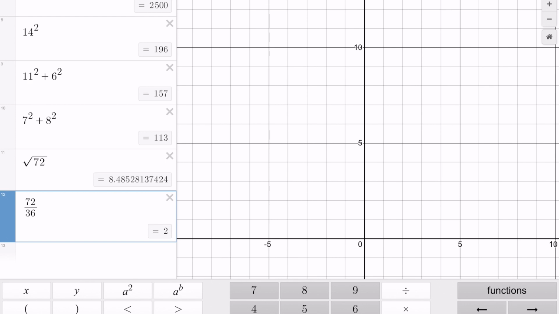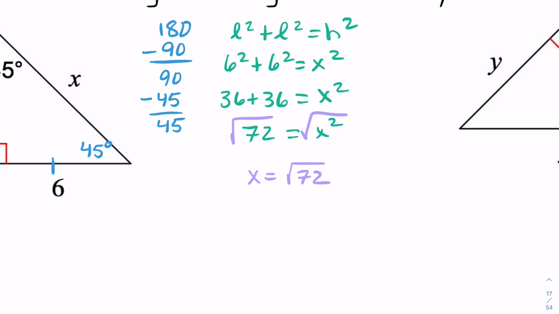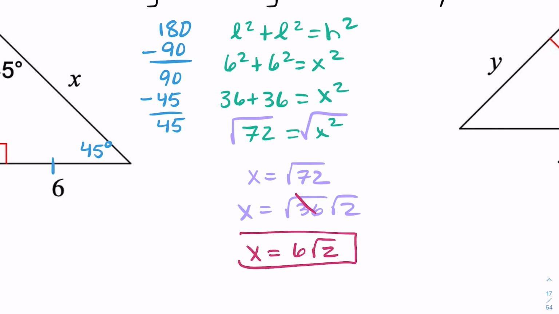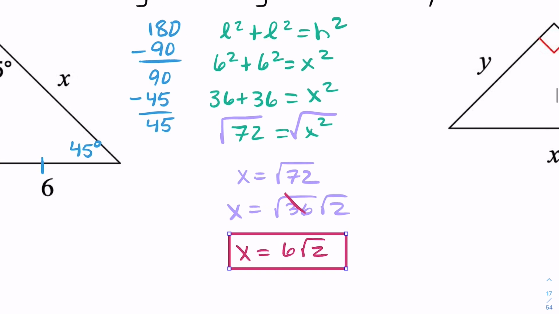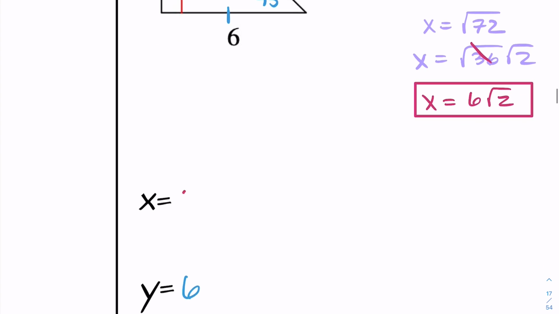Okay, so it's 36 and 2. That works out well. So x is equal to the square root of 36 times the square root of 2. So x equals 6 square roots of 2. Not too bad.